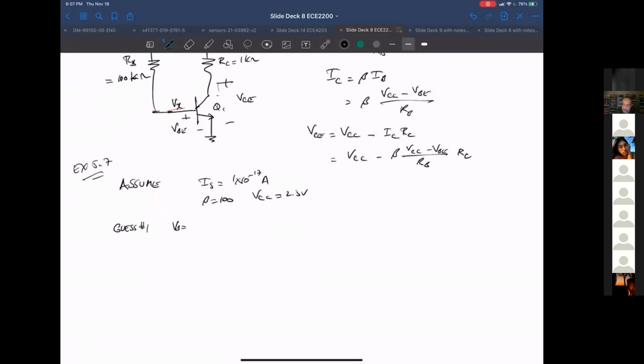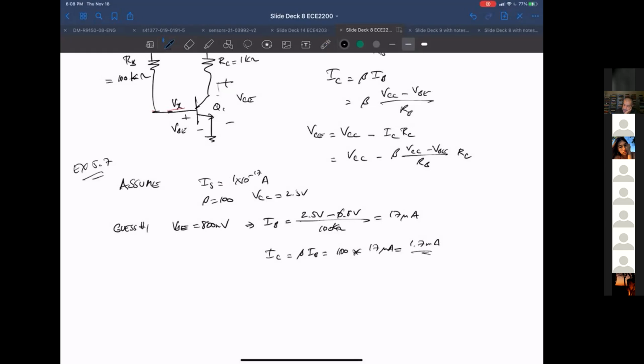VBE is 800 millivolts. So we plug that in to get I sub B. That's 2.5 volts minus 0.8 volts over 100 kilo ohm, and that gives us 17 microamps for I sub B. I sub C is beta times I sub B, so it's 100 times 17 microamps, or 1.7 milliamps.